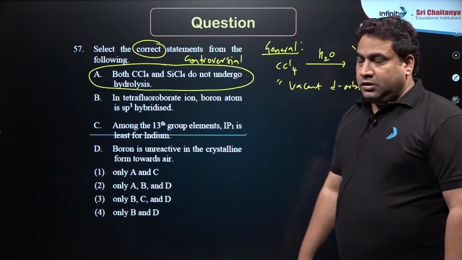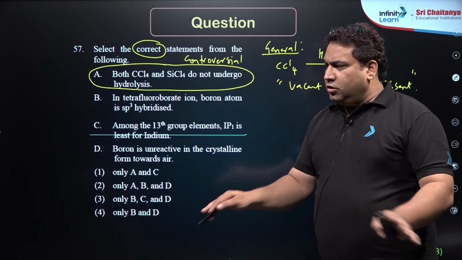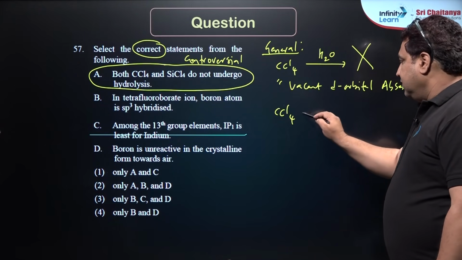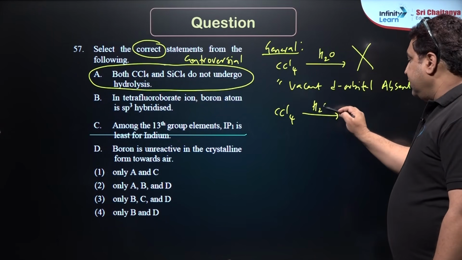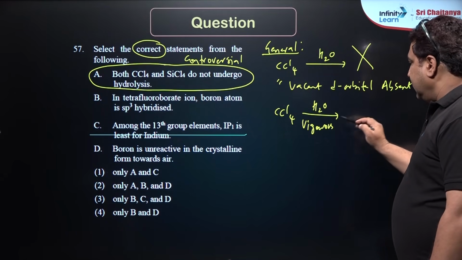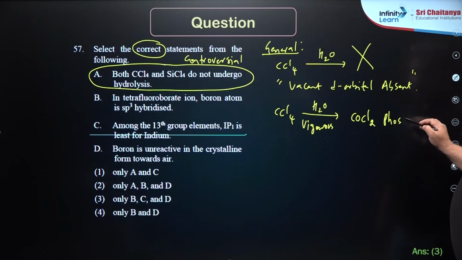Listen very carefully. You people are NEET aspirants. So this does not undergo hydrolysis, confirm. But if you maintain vigorous conditions, vigorous means very high temperature, then it will give you COCl2, nothing but we can call it phosgene.